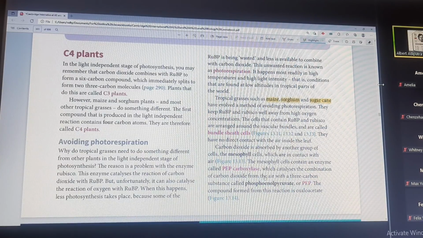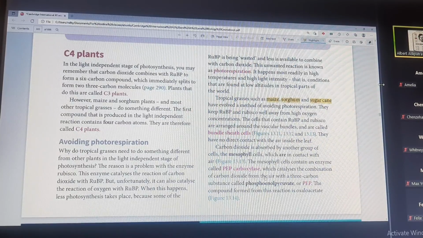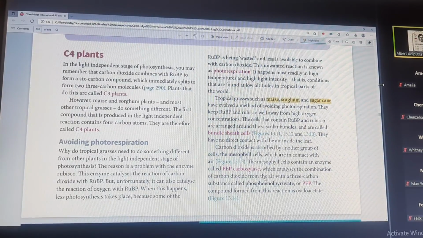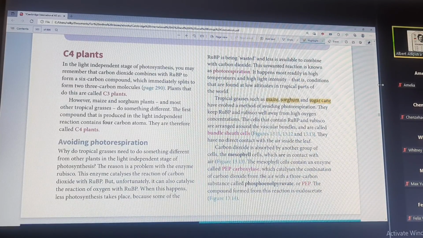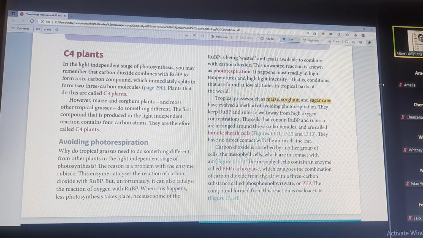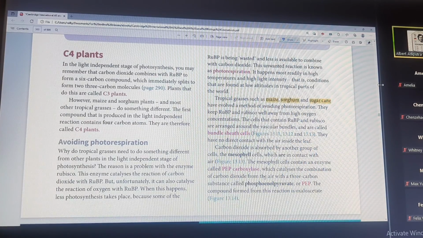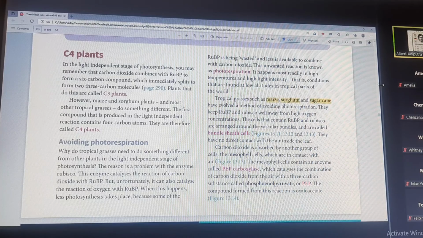Now, in order for them to cope with such a habitat, they evolved a different kind of metabolism, a different kind of physiology. But let me start with what photorespiration is. And then you will see why the name is C4 plants and why the others are called the C3 plants.